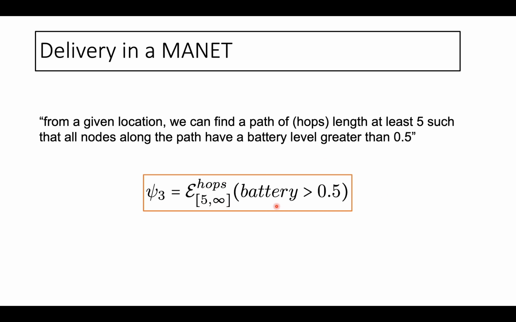And this can be described with the escape operator. We can say that a location satisfies the property if it can escape with a battery level greater than 0.5 at a distance greater than 5.